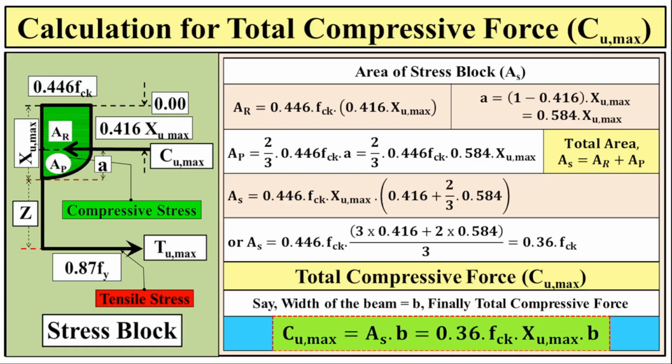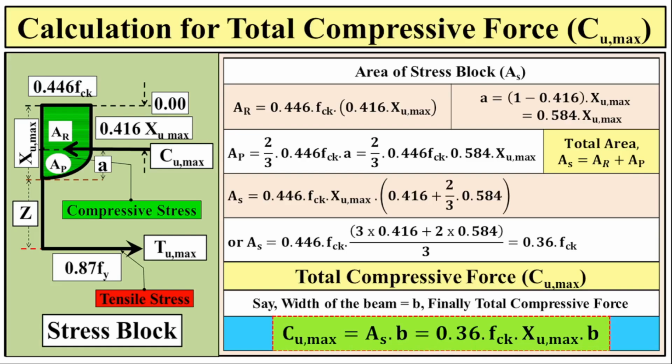The total height of these two areas is xu max. The height of the rectangular area AR is 0.416 xu max. The area of the rectangle, AR, is calculated as 0.446 FCK multiplied by 0.416 xu max.